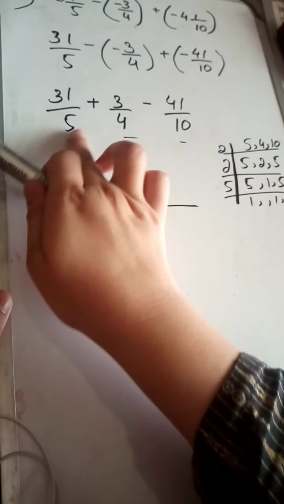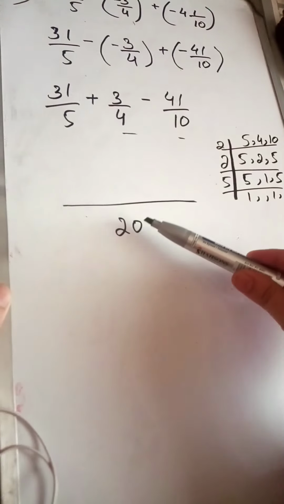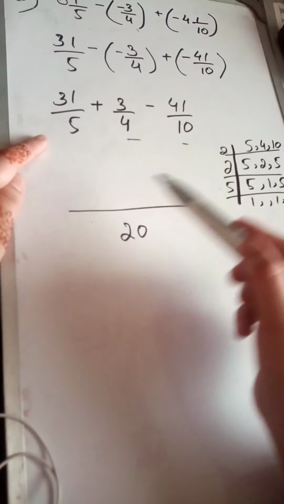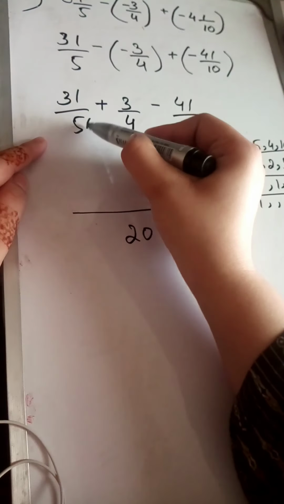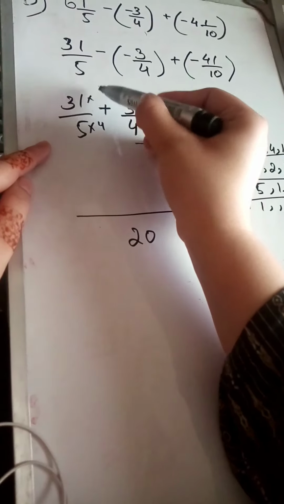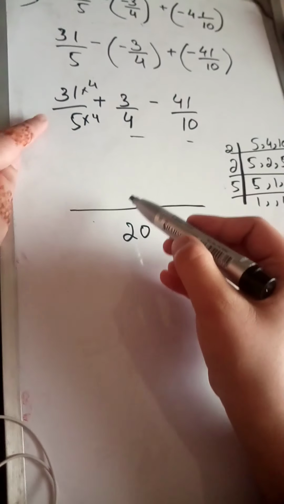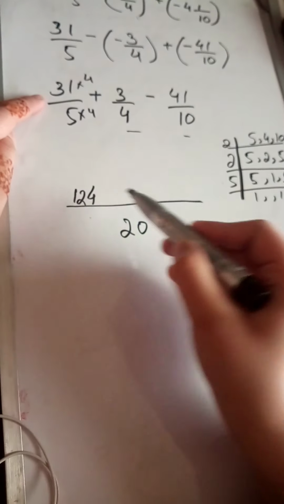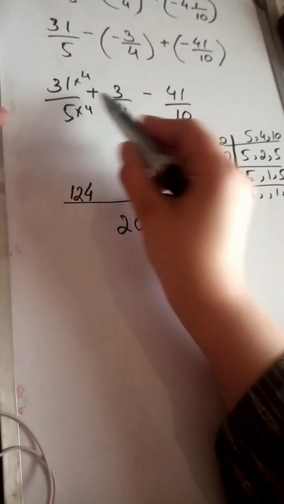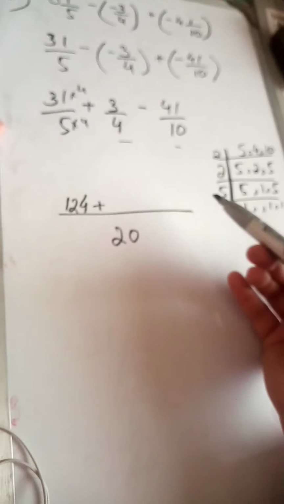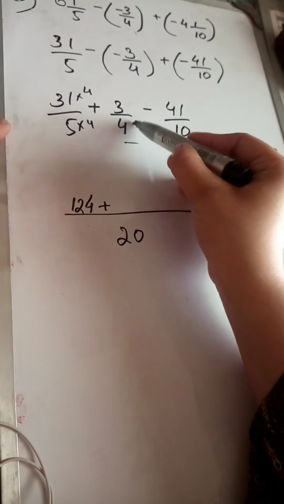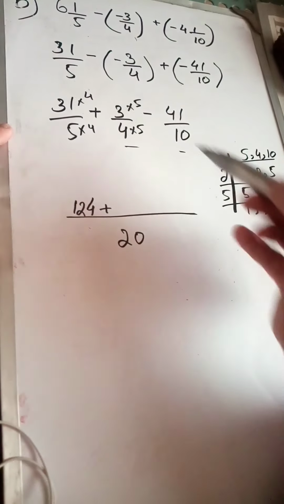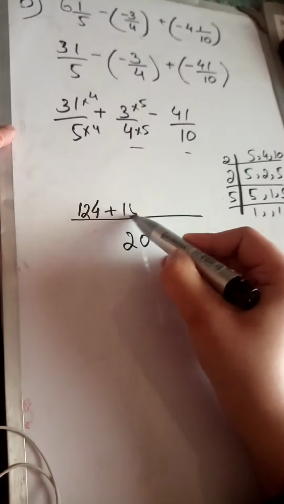Now the process is the same, equalize the denominator with the LCM. When we multiply 5 with 4, our denominator will become 20. Multiply that 4 with the denominator as well as with the numerator. So when we multiply 4 with 31, 4 1s are 4, 4 3s are 12, it is 124. Then what is the next sign? Plus. Put the sign as well. Then multiply 4 with 5, so it becomes 20. Multiply that 5 also with the numerator. 3 5s are 15.